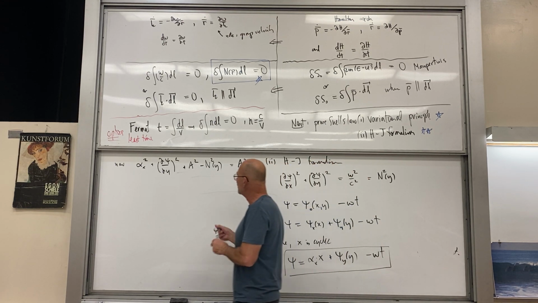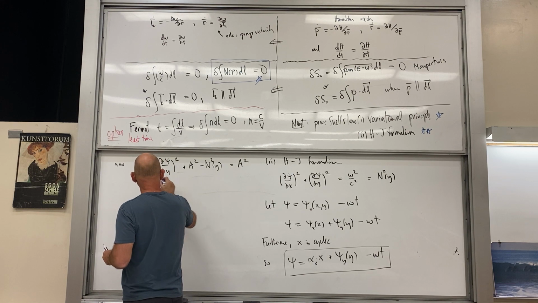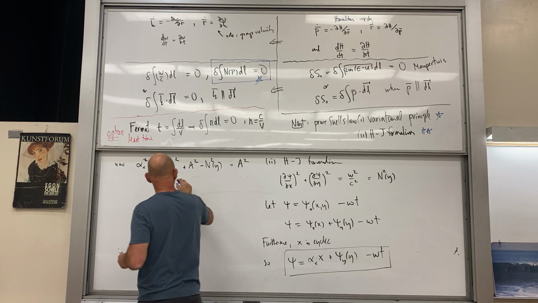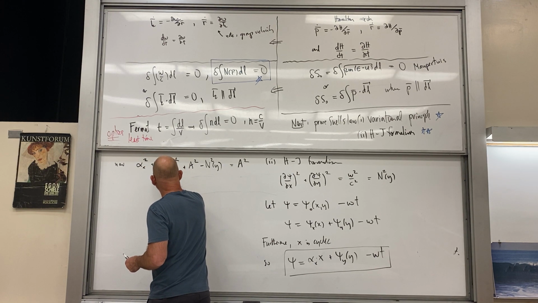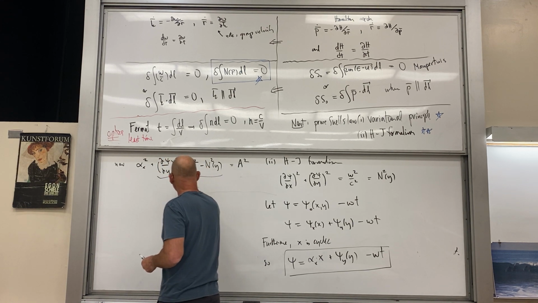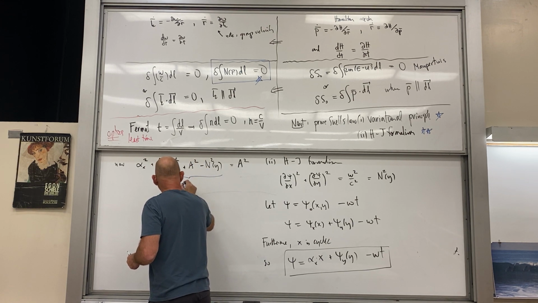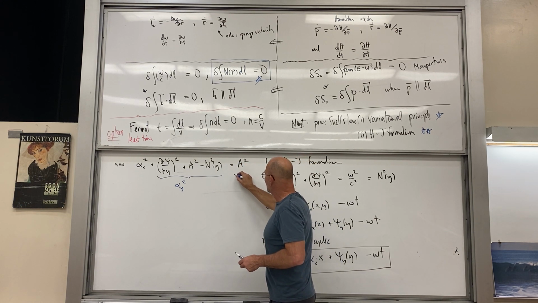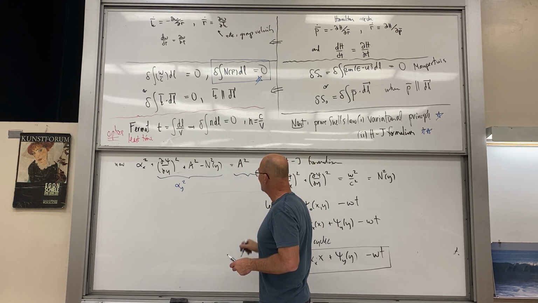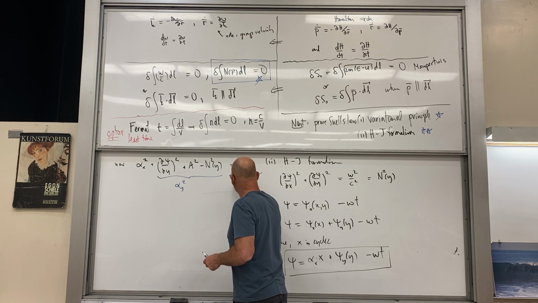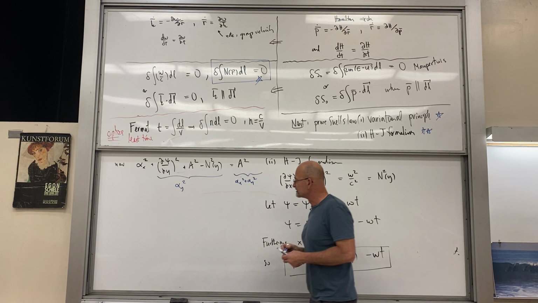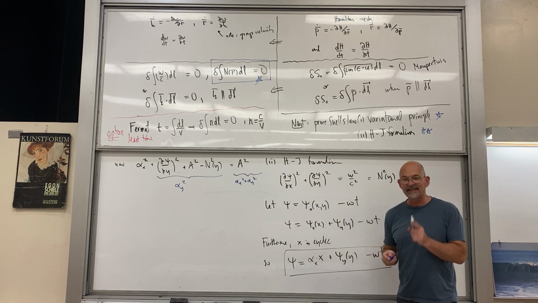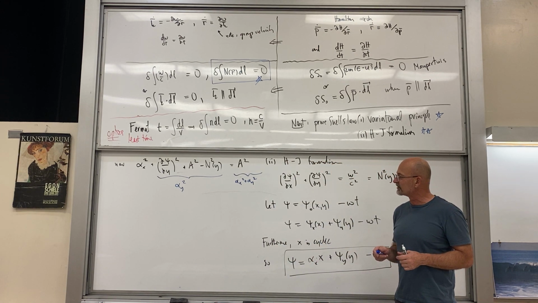And now we have this constant. We can say, okay, let's let this be alpha y squared. And then we can let this be alpha x squared plus alpha y squared. I think that's as far as I'm going to take it for you guys.